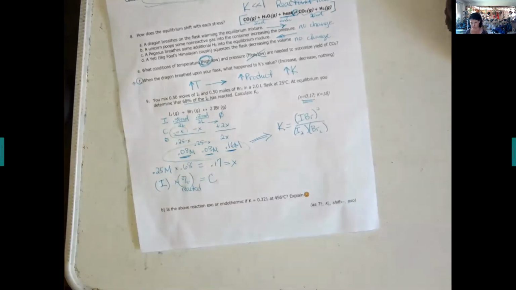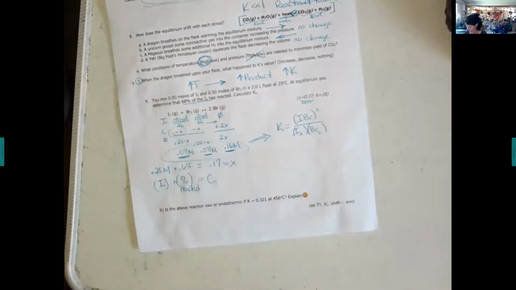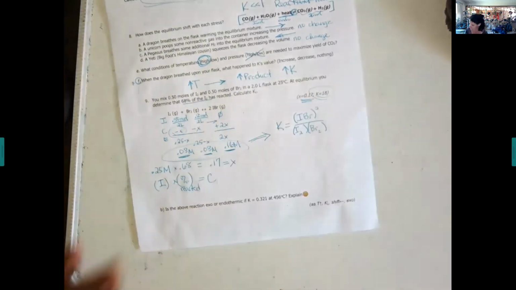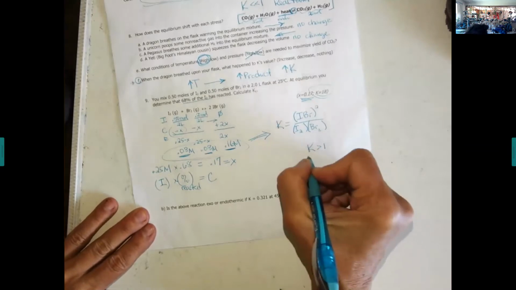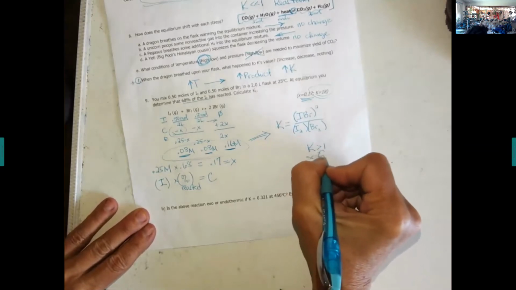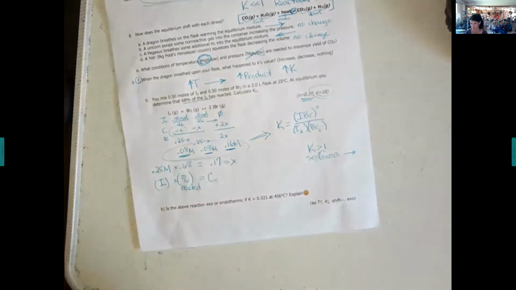Initial numbers do not go in. Initials would be Q, and you can't plug them in anyway because it's 0. So we have those numbers, and you get my K. What does that value of K tell you? It's not a big K, but K is greater than 1, so it favors the forward direction. Doesn't matter how big it is, as long as it's greater than 1, it goes forward.